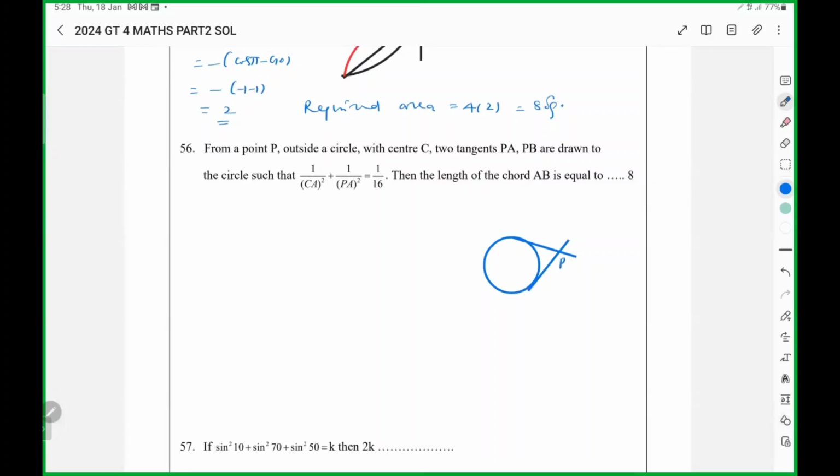Here PA and PB are two tangents. So C is the center.